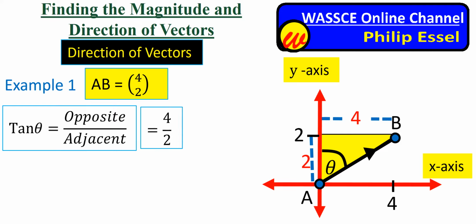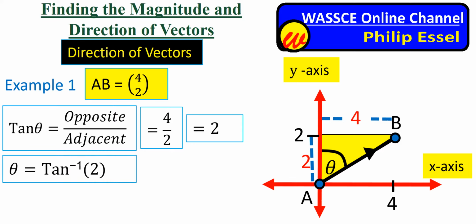When you do the math, you get 2. Theta will therefore equal tan inverse of 2. When you enter tan inverse of 2 on your calculator, you get 63 degrees. Remember, this 63 degrees is an answer to the nearest whole number.